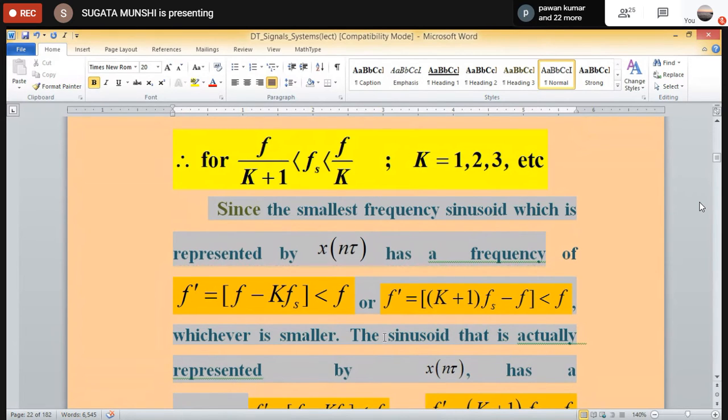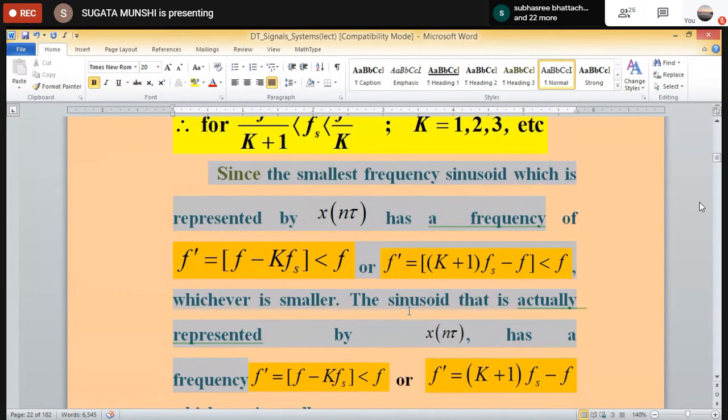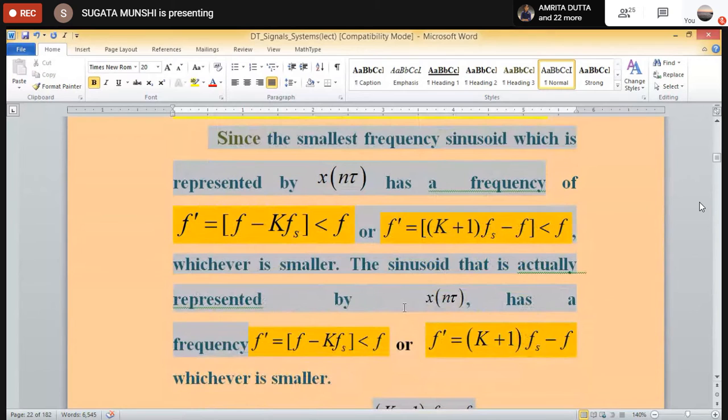Which one will actually be the alias? That will depend on which one will be smaller. So from x and tau, the analog sinusoid that you can reconstruct will be either f minus k fs or k plus 1 into fs minus f, whichever is smaller.